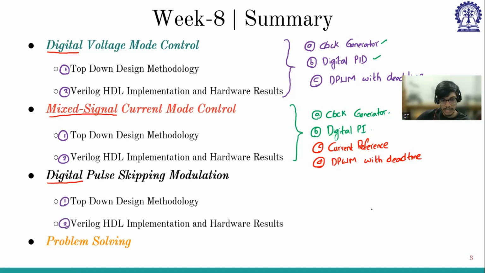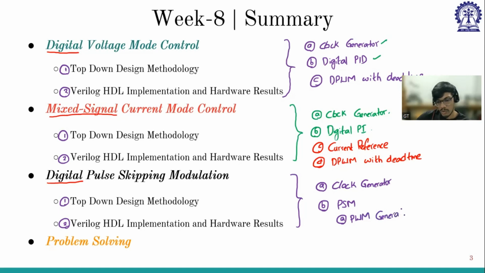Now, in digital pulse skipping modulation, again we have the clock generator, and then the PSM logic block. Inside PSM, we have the PWM generation, because we have to generate the open loop duty cycle.